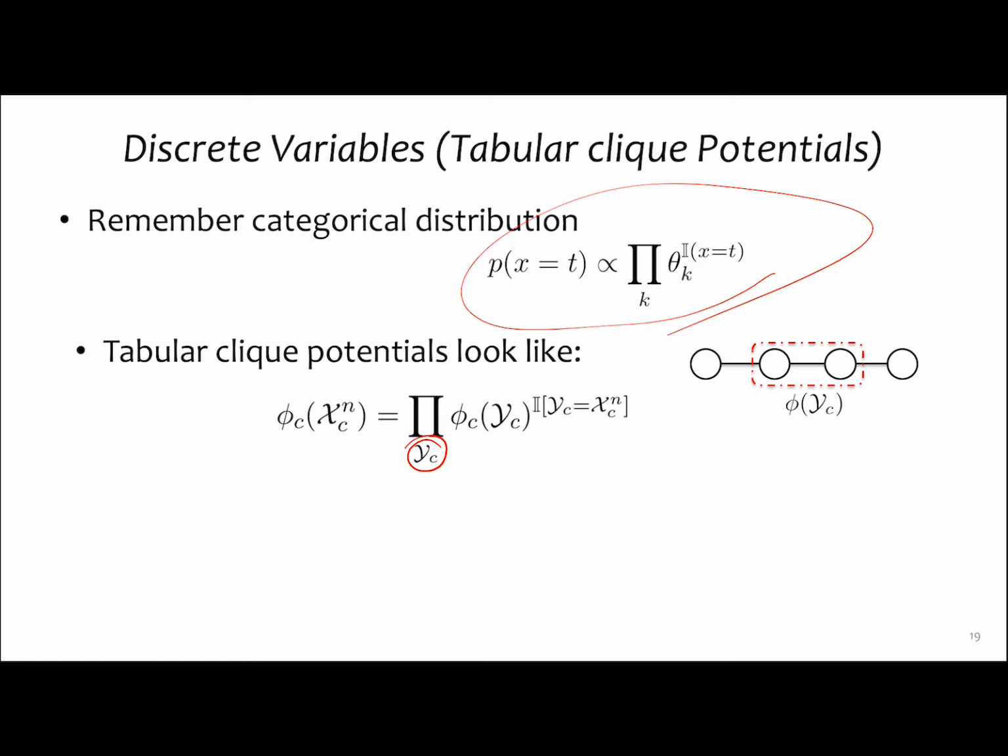If it was discrete, I have k values, so it's going to be k. If my clique is more than one, let's say I have a clique where this guy is k-dimensional and this guy is n-dimensional, how many multiplications am I going to get here? Kn, right? Because it's going to go over all of the configurations.